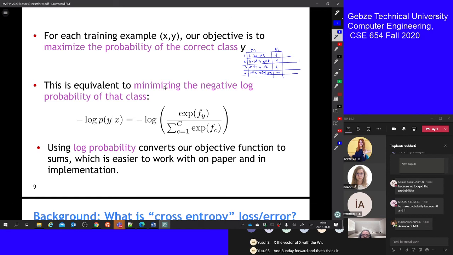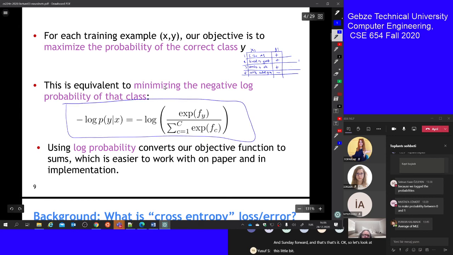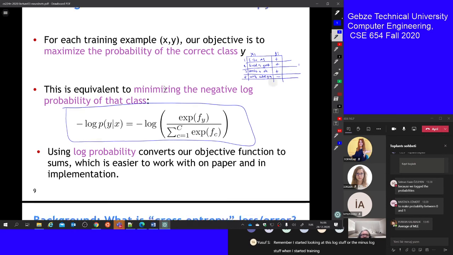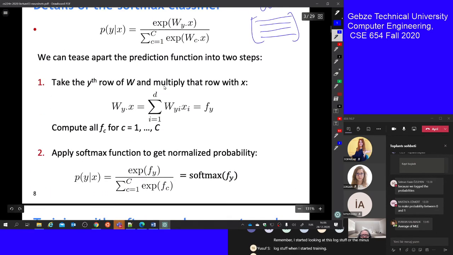So let's look at this in a little bit more detail. Remember, I started looking at this minus log stuff when I started training. Without the training, during the runtime, all I am calculating is this. Apply this one and pick the y that maximizes this softmax equation.